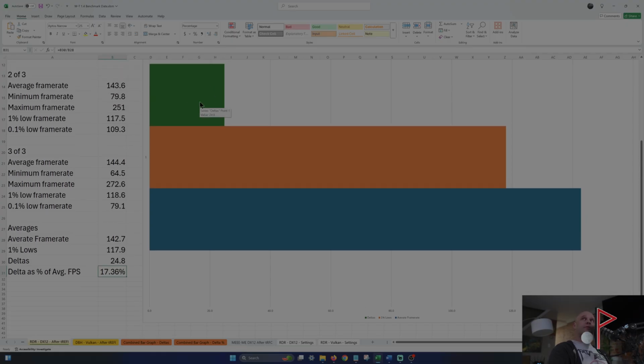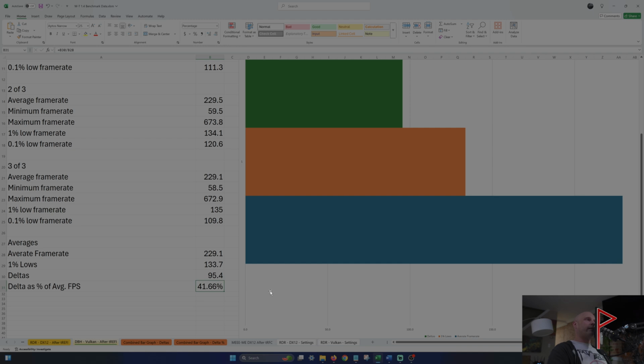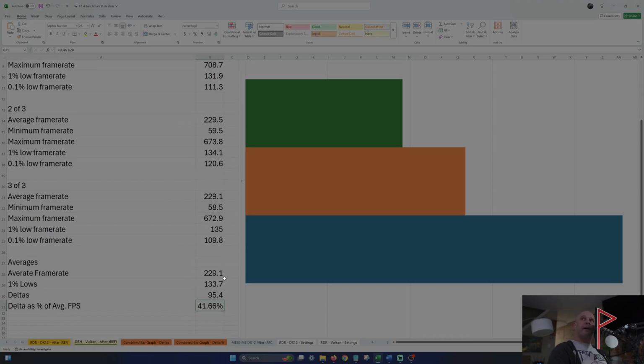Look at those lows. Look at that delta. Look how small it is. Look at those 1%. And a small improvement ticking down to 40% in Detroit Become Human from stock, which was close to 50. So a little improvement there, even though it's not as consequential in this game.